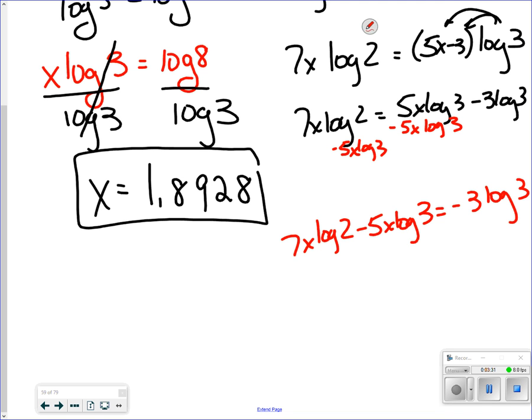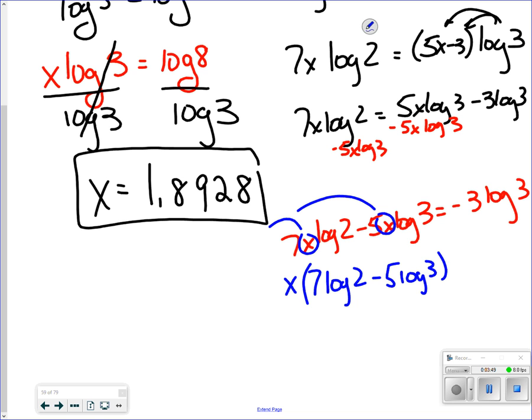Now remember when we did factoring GCF, in this case I'm going to take a GCF out of both of these. I'm going to take out an x, which becomes x times 7 log 2 minus 5 log 3. So I was able to get the x's on the same side, take the x out of both of them.